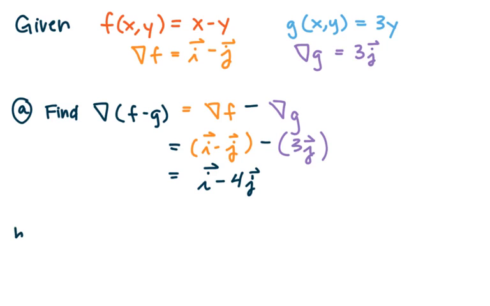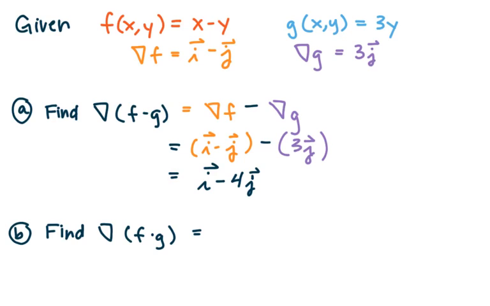Similarly, we will do example B, where we find the gradient of the product of f times g. Again, if I could view the function I was trying to find the gradient of as a product of two smaller functions, then this could be useful for me to solve this. So really, we are doing a more conceptual problem here.